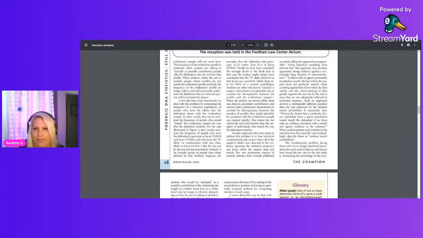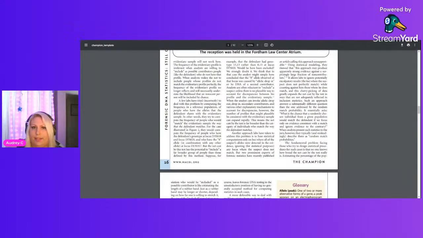Suppose, for example, that the defendant had type 13,13 rather than 8,13 at locus D7S820. Would he have been excluded? We strongly doubt it.